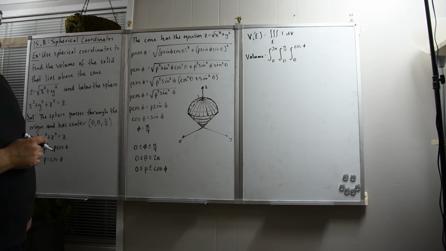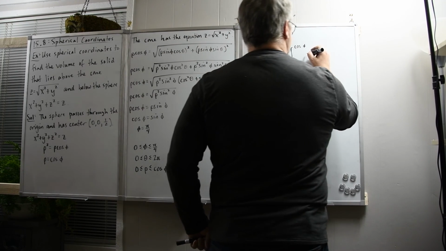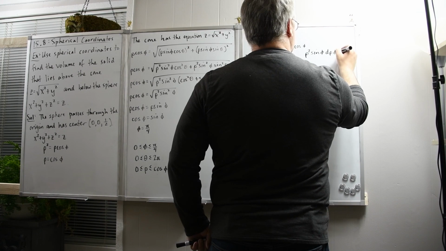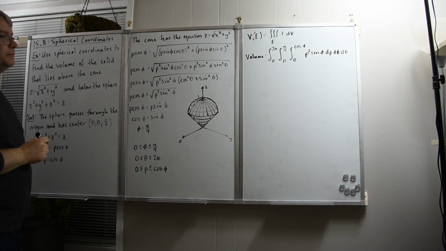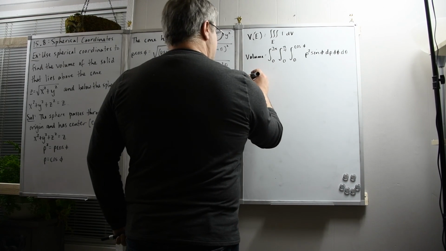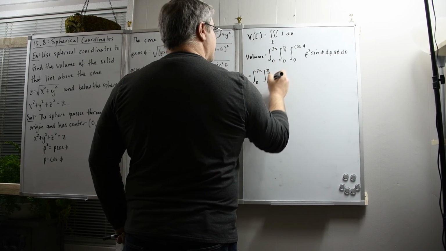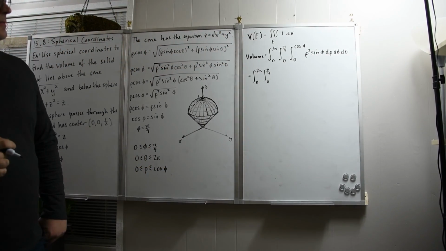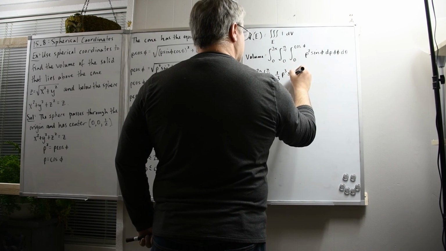Now, bear in mind that the dV in spherical coordinates, you get a rho squared sine phi d rho d phi d theta. And so this volume, we get, first off, integrate with respect to rho. You'll get a 1/3 rho cubed times sine phi.